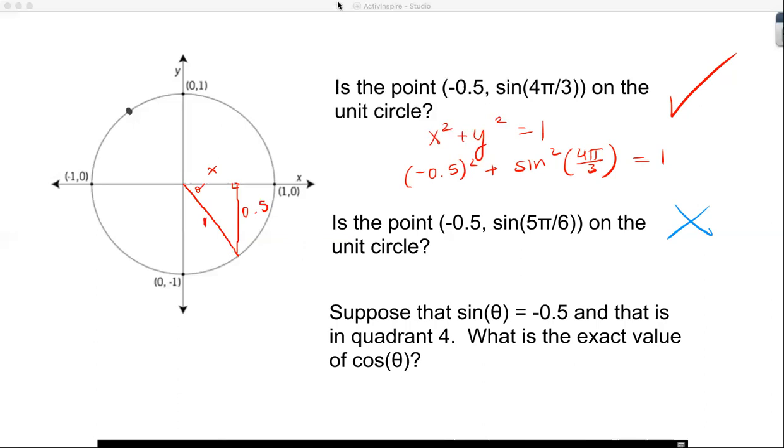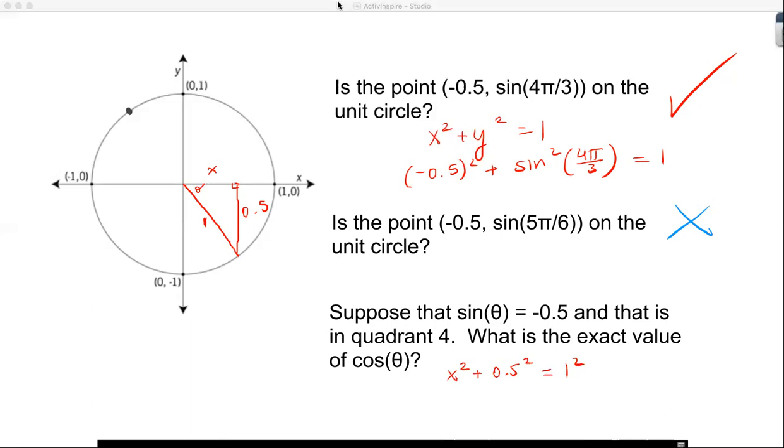Okay, so now how do we solve this? Well, we go back to that Pythagorean theorem. So we've got x squared plus 0.5 squared is equal to 1 squared. This is the equation to figure out what the exact coordinate of cosine theta is, because based on the Pythagorean theorem, this must be true. So I encourage you to do the math on this.